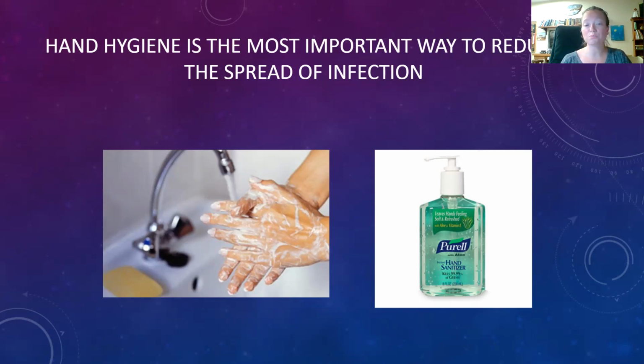Hand hygiene includes both hand washing with soap and water and using the alcohol-based hand rubs. You do need to make sure that you know when it's appropriate to use alcohol-based hand rubs and when you must use soap and water. I'll talk about that a little bit when we talk about some of the transmission-based precautions, but also make sure to review that in your text, okay?